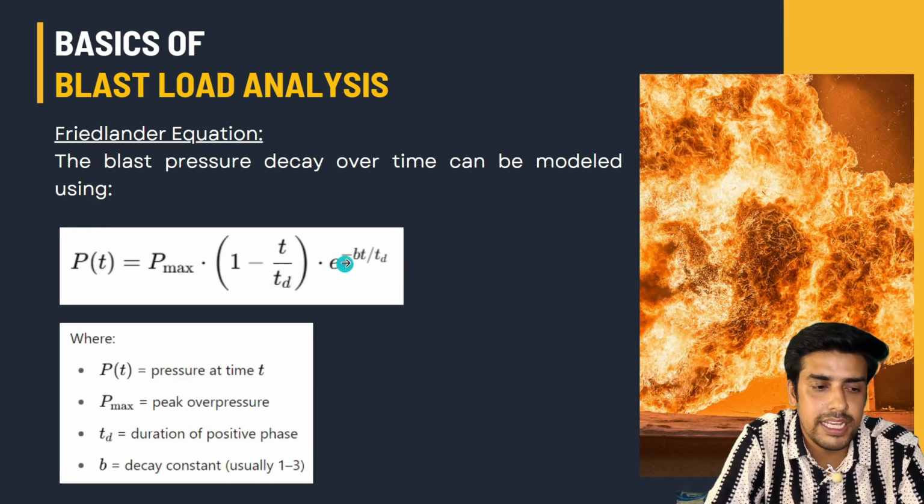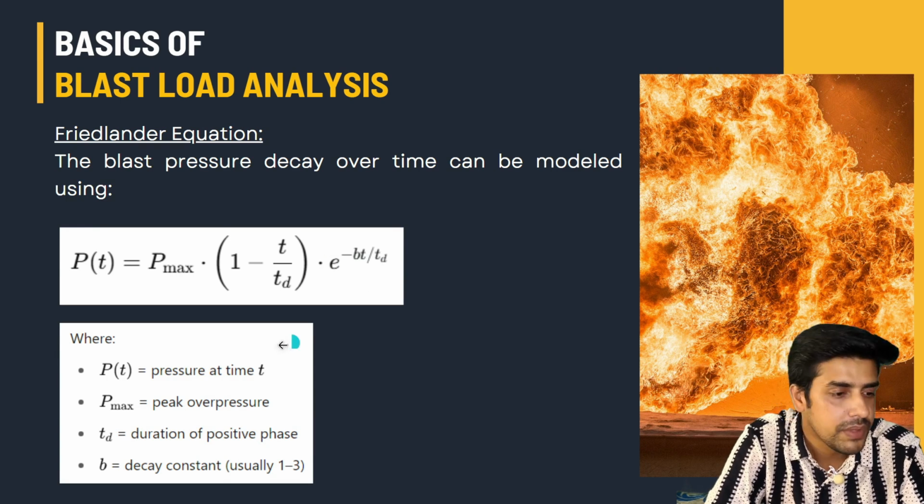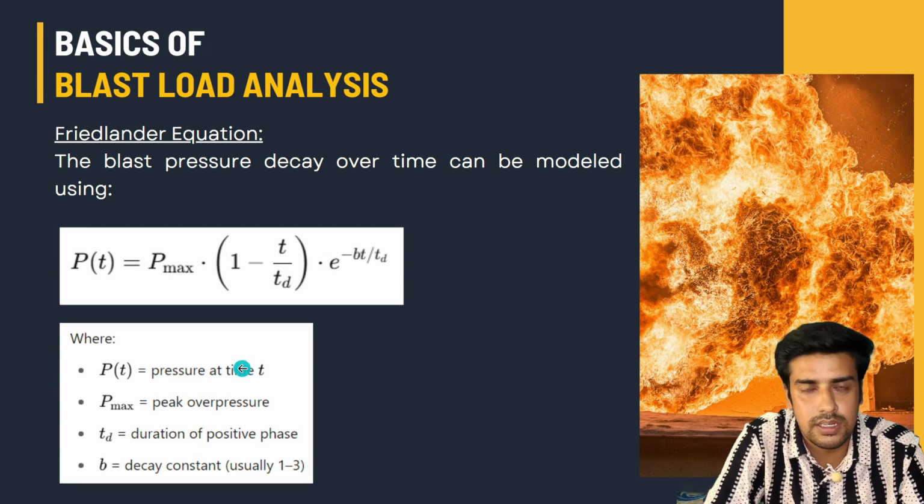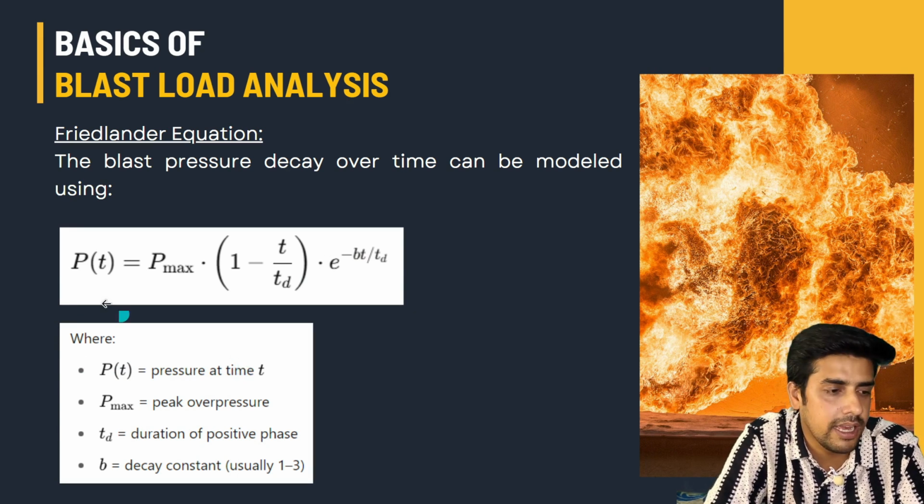Here P(t) is the pressure at time t, whatever time you want to check. For example, I want to check at 0.05 second. At that time, we can calculate what the pressure is going to be with this formula.